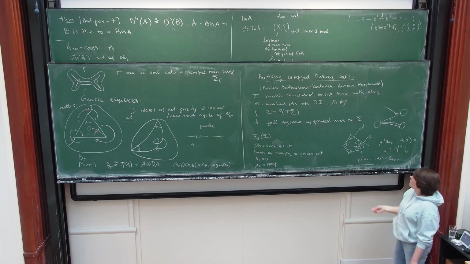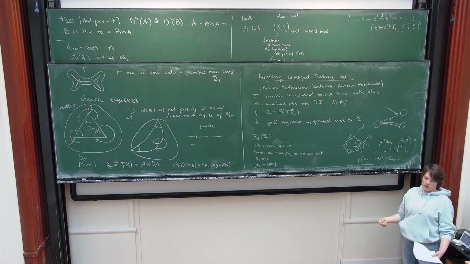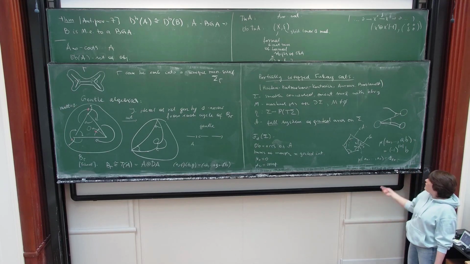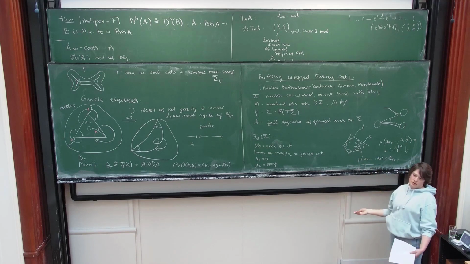In particular, this means that we can add and remove arcs as we want without changing this category, and this means that the subcategories they generate inside it are the same.